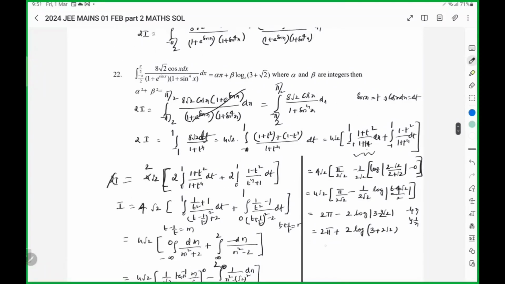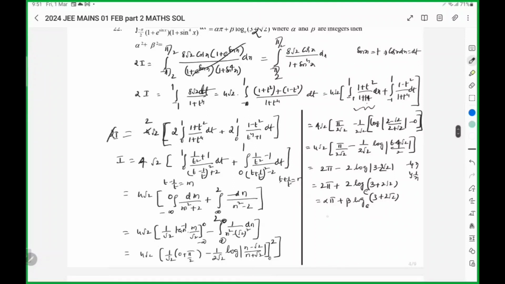Once you compare this with alpha pi plus beta log 3 plus 2 root 2 to the base here, it should be 2. So alpha will be 2, beta will be 2. Alpha square plus beta square.